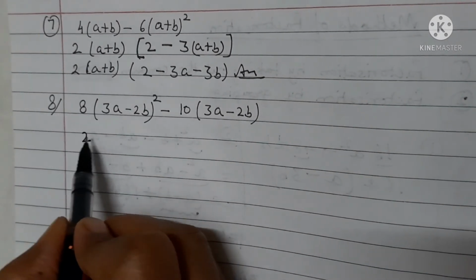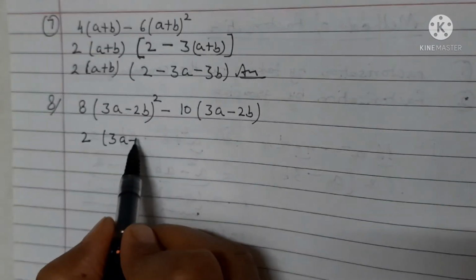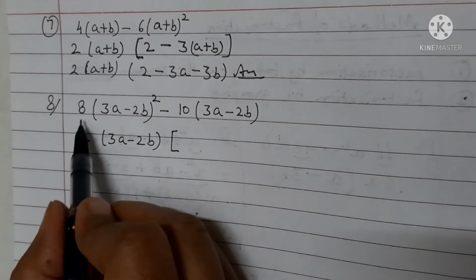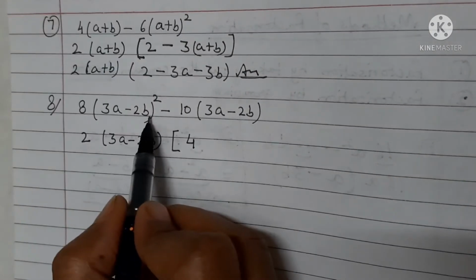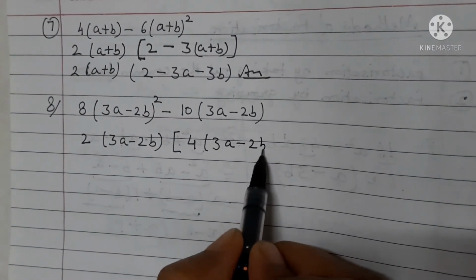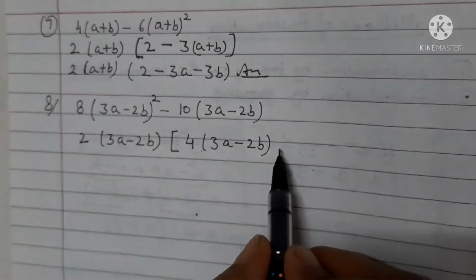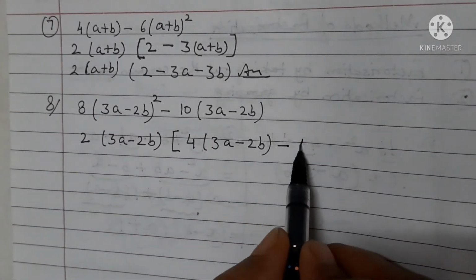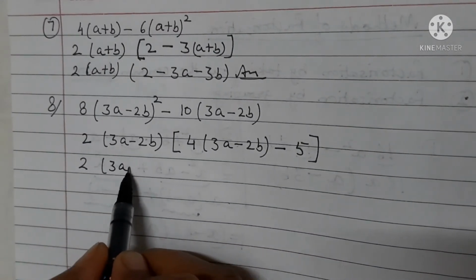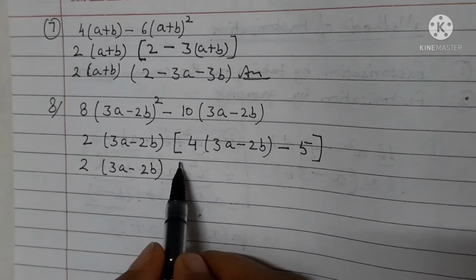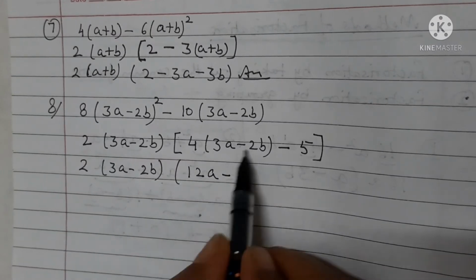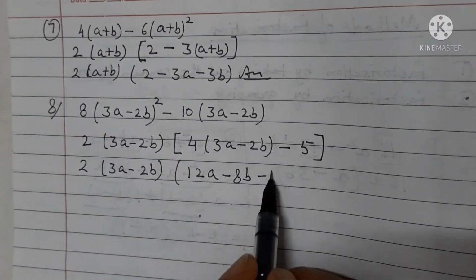Now write down 2 as common, (3a − 2b) as common, write down the other part: here 2 fours are 8, 4, and because power is 2, (3a − 2b) remains in this term, minus 2 fives are 10, write down 5. Now open this bracket, 2(3a − 2b), and this becomes 4 threes are 12a minus 4 twos are 8b minus 5.